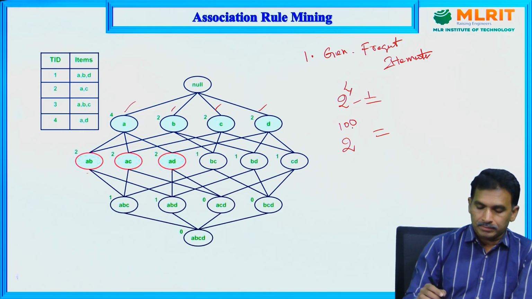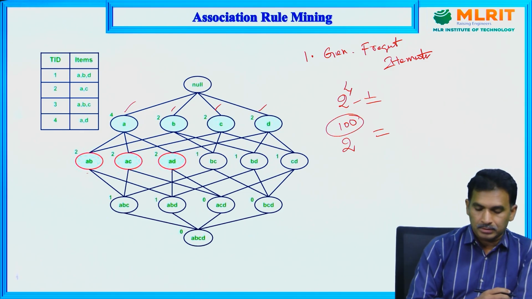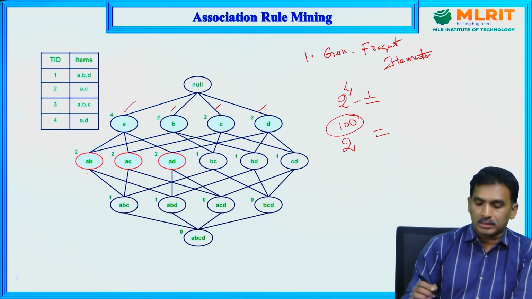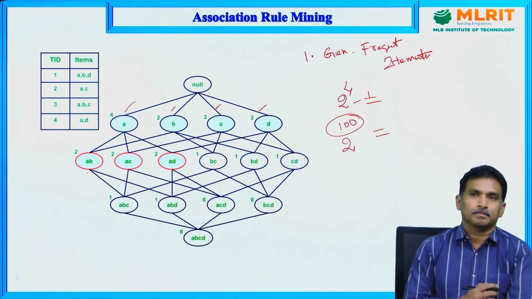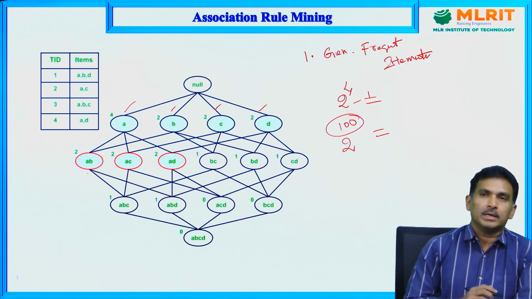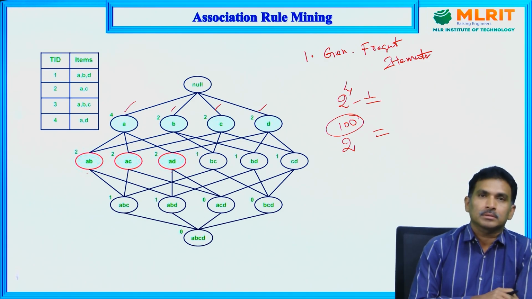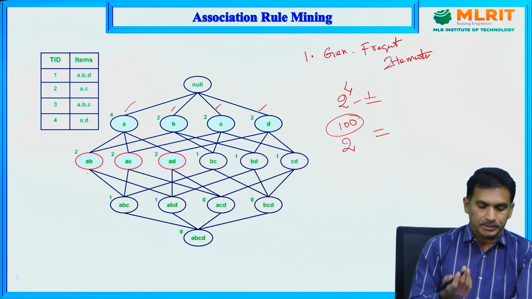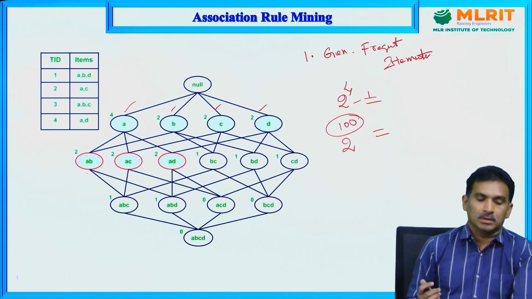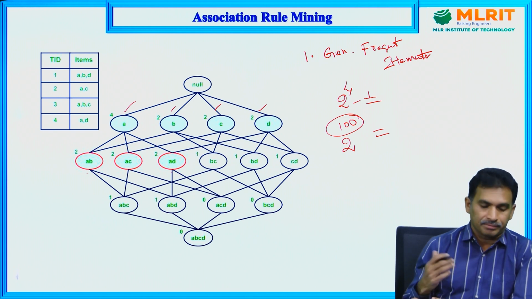Similarly, with 100 items, 2 to the power of 100 will be a big number. From this number, we have to find the frequent item sets, that means the item sets whose frequency is greater than or equal to the specified minimum support or threshold.